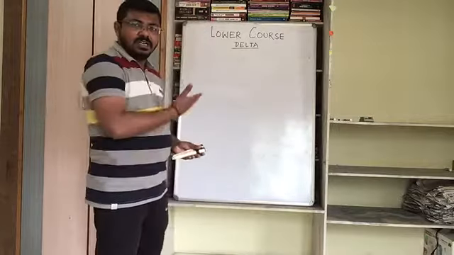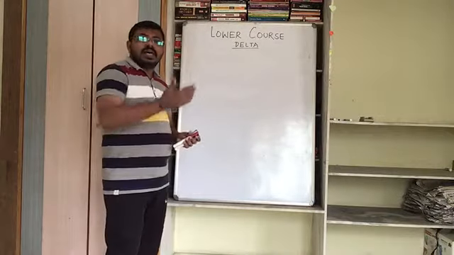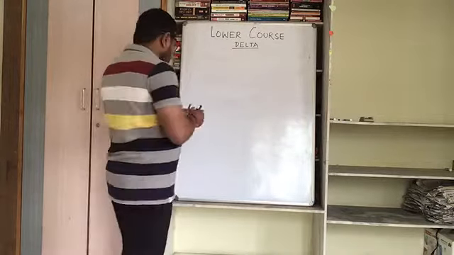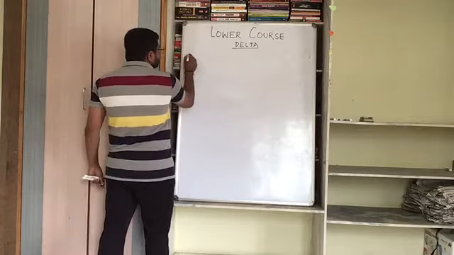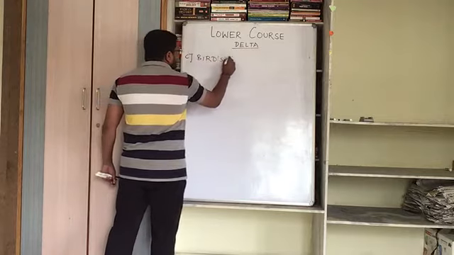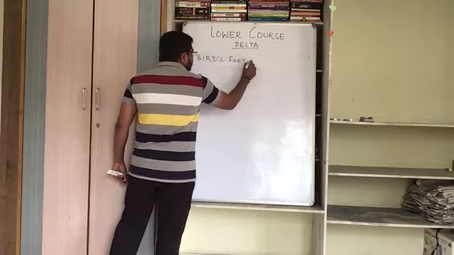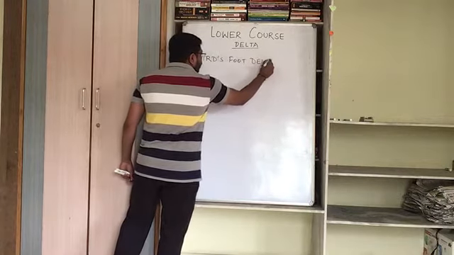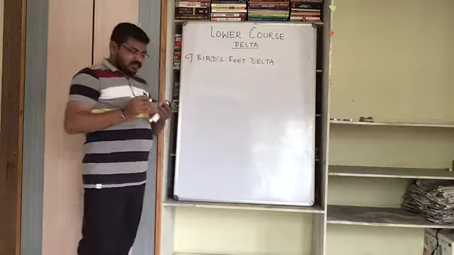Same type of feature, the rivers also form in the form of a delta. So third is bird's foot delta. Now what is there in bird's foot delta?